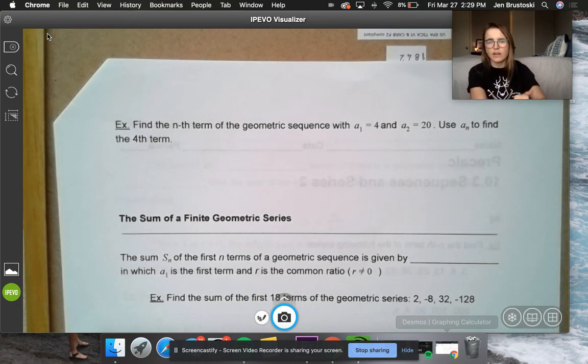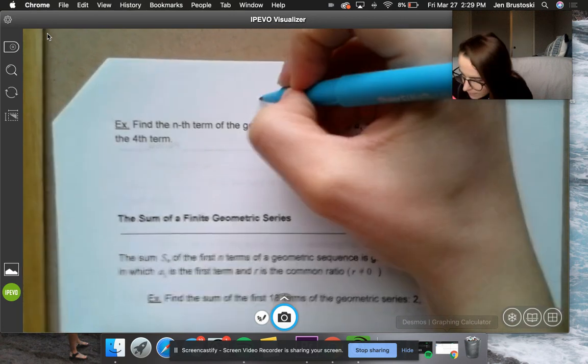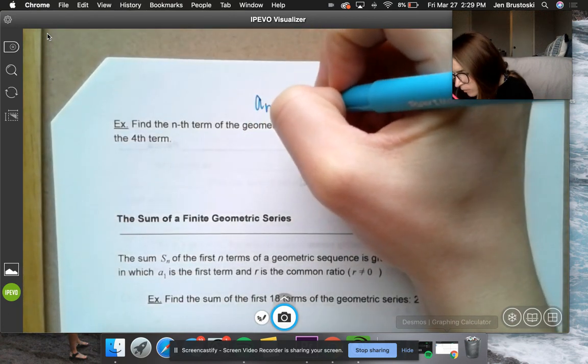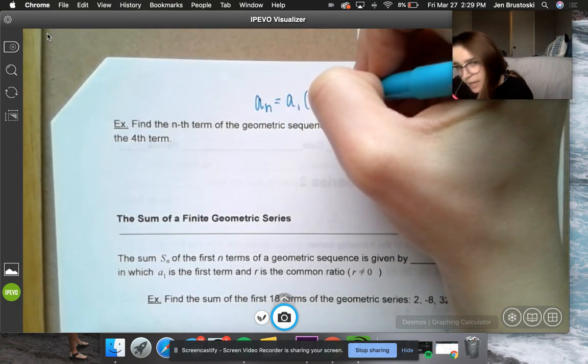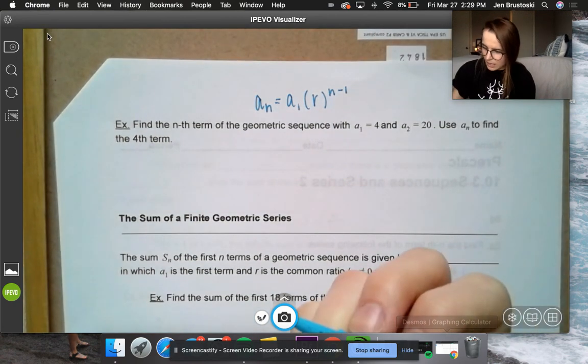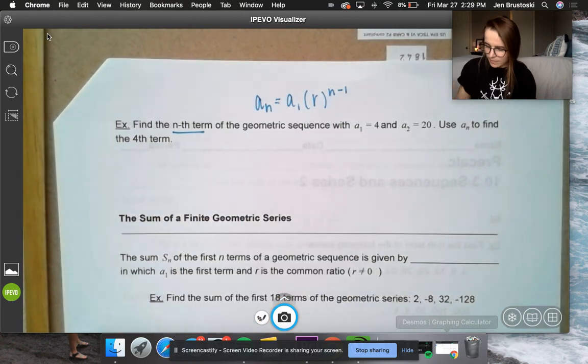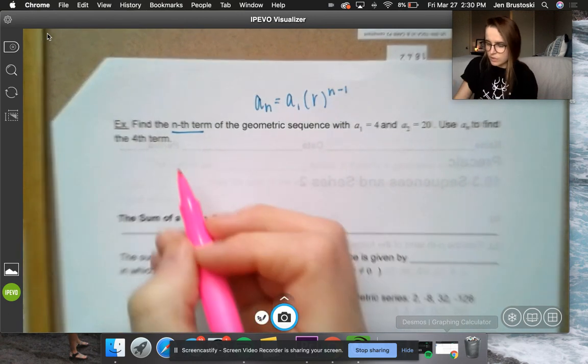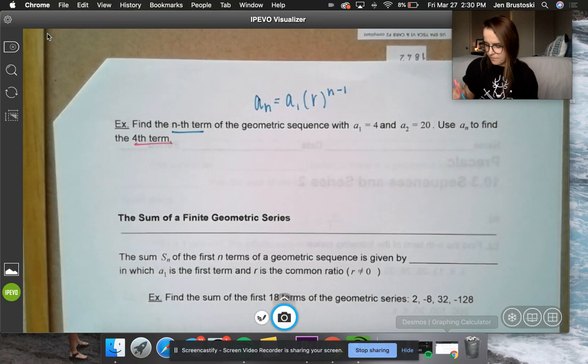If you feel confident doing that on your own, go ahead and pause it. If not, I'm going to keep moving along. All right, here's our equation. A sub n equals a sub 1 times r to the n minus 1. And it says find the nth term and find the fourth term. So it's a two-part problem yet again.